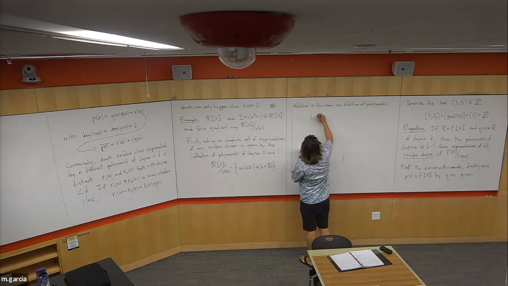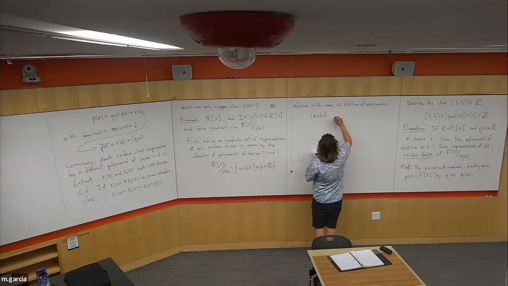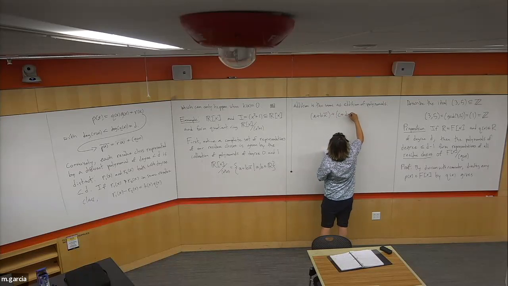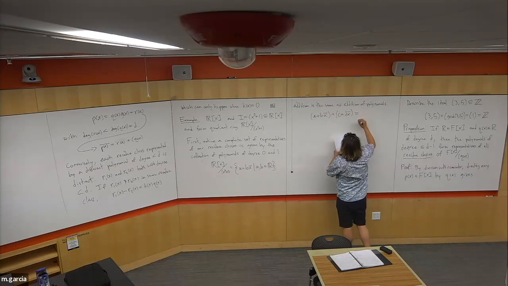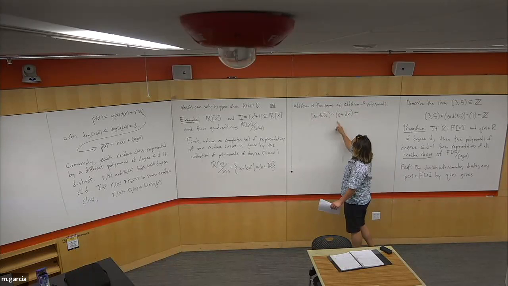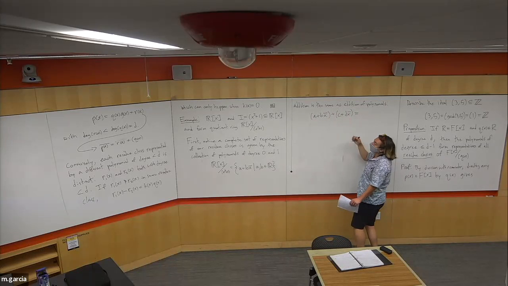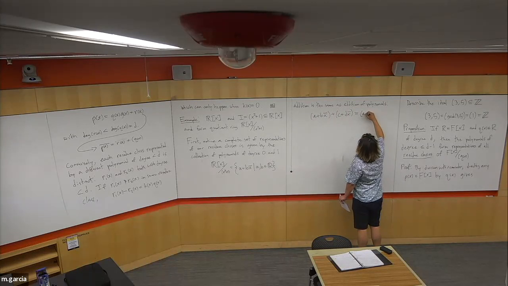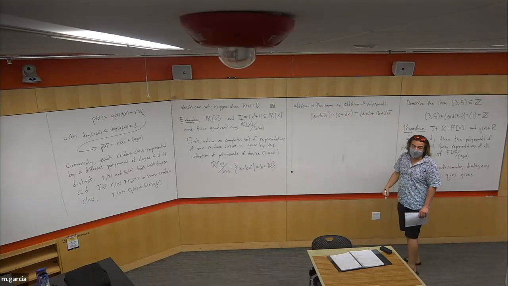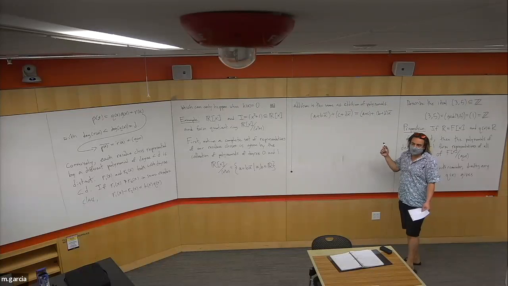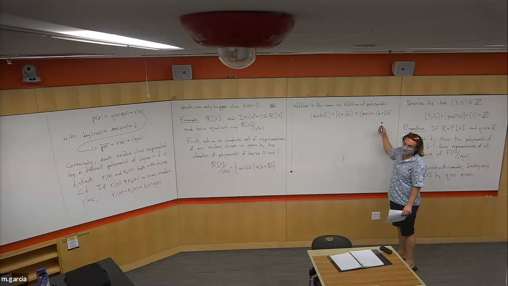Well, if I have a polynomial in the residue class ring, a plus b x bar, and I want to add that to another polynomial, c plus d x bar, I'll just add like terms. I'll add the constant terms and the linear terms together. So I get a plus c plus b plus d times x bar, another polynomial of degree 0 or 1, depending on the values of a, c, b, and d.